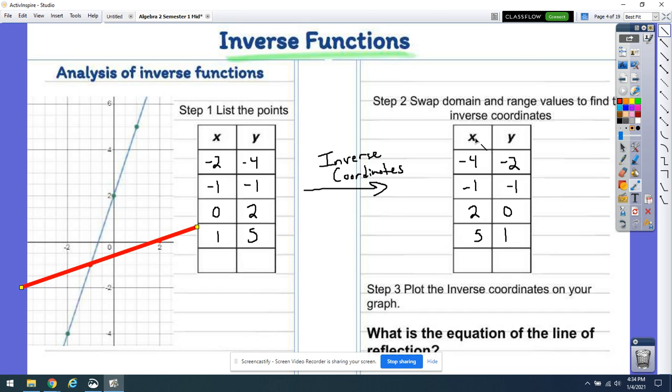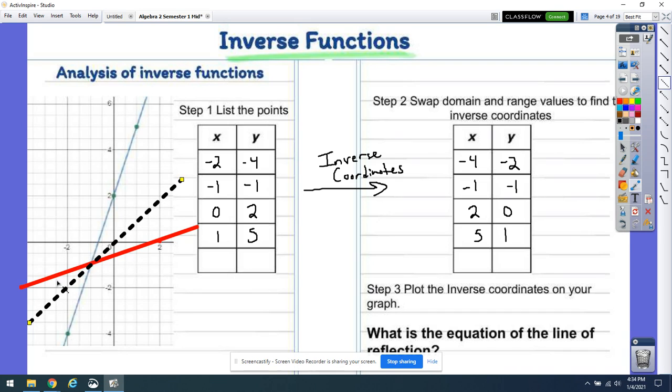If you take a look, it has a special relationship. In other words, could I create a reflecting line that splits it in half? From this point here, I'm going to create my line of reflection right down the middle, going in this direction.